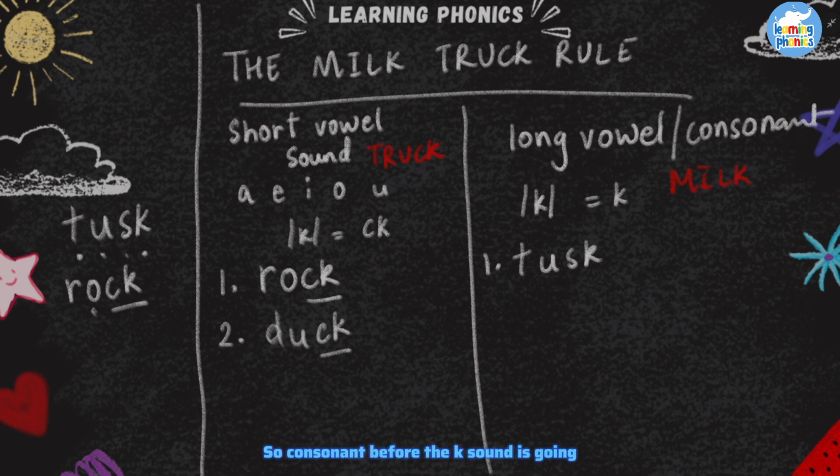So a consonant before the k sound is going to be under the milk section. Very good. So number 2, write down. H says ho, n, k. So now what are we going to use? We're going to use simple K. That is correct. So I hope now you have understood the milk truck rule.